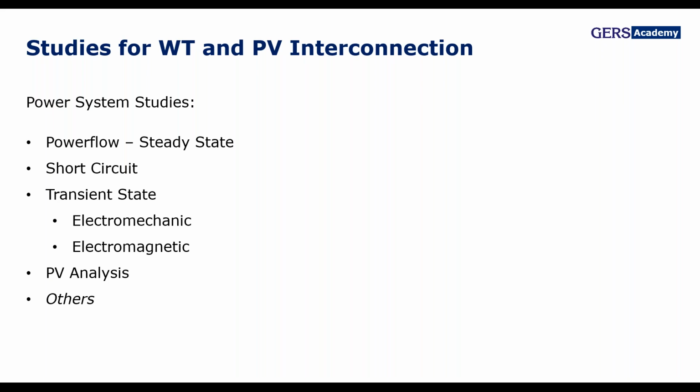These inverters are based on converters that switch very fast, in scales of nanoseconds, microseconds or milliseconds, so it is important to consider two different transient states during the study of these units. There is another one, the PV analysis, that shows how the reactive resources will change when you have huge integration of these power plants.